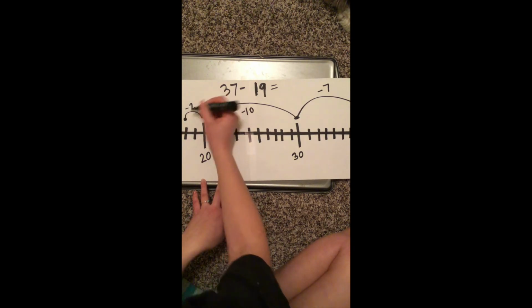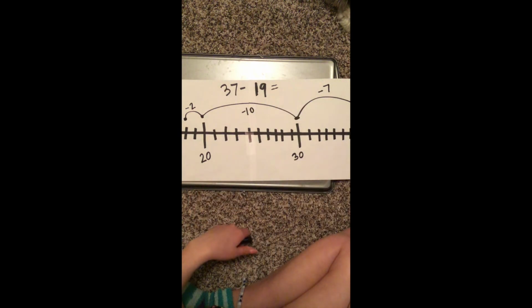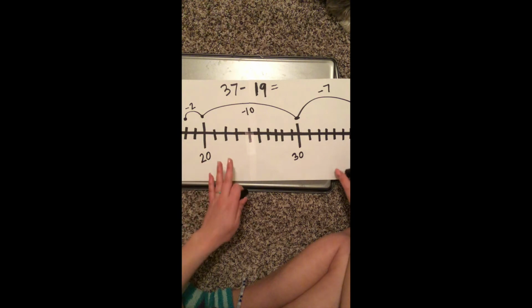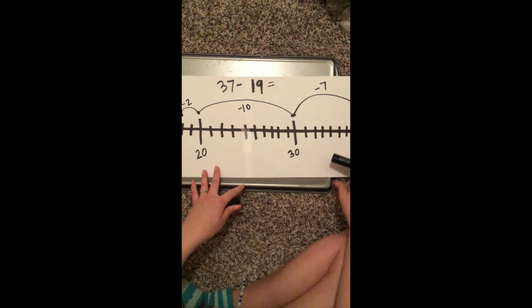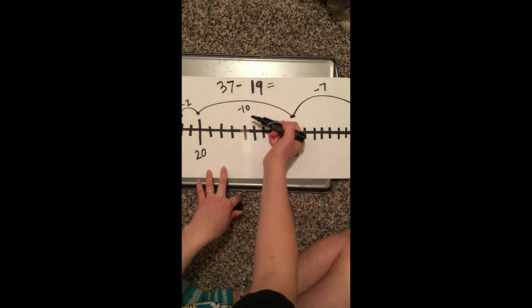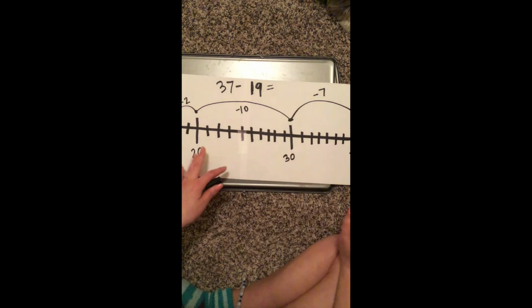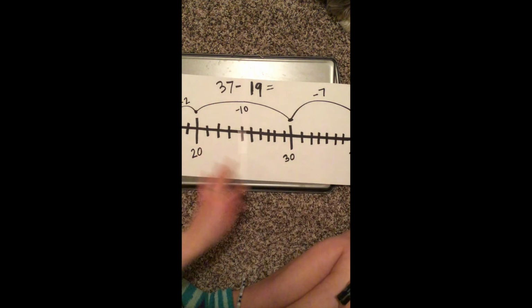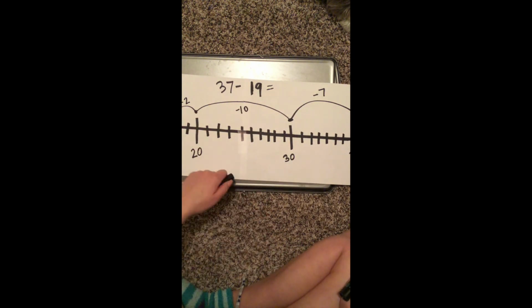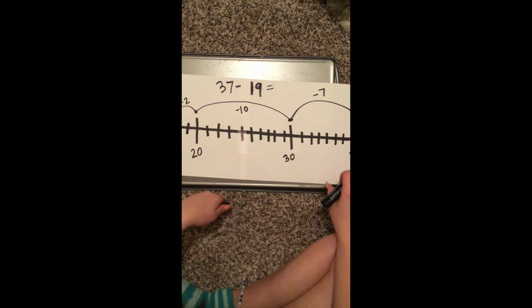All right, and we're going to add these together and use our addition strategies to make sure that we subtracted 19 from 37, okay? So we've got 10 plus 7 is 17, 18, 19. So indeed we did subtract the correct number from 37.